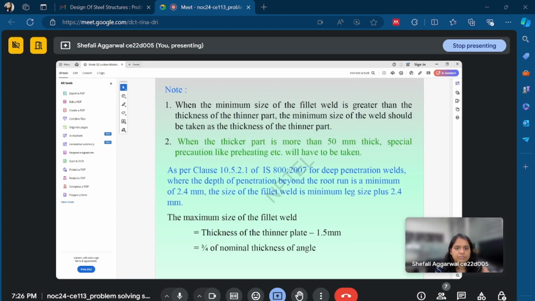Yes, the blue colour paragraph, as per clause 10.5.1. Can you explain that particular para? As per the clause, for deep penetration welds, where the depth of penetration beyond the root run is a minimum of 2.4 mm, the size of the fillet weld is the minimum leg size plus 2.4 mm.